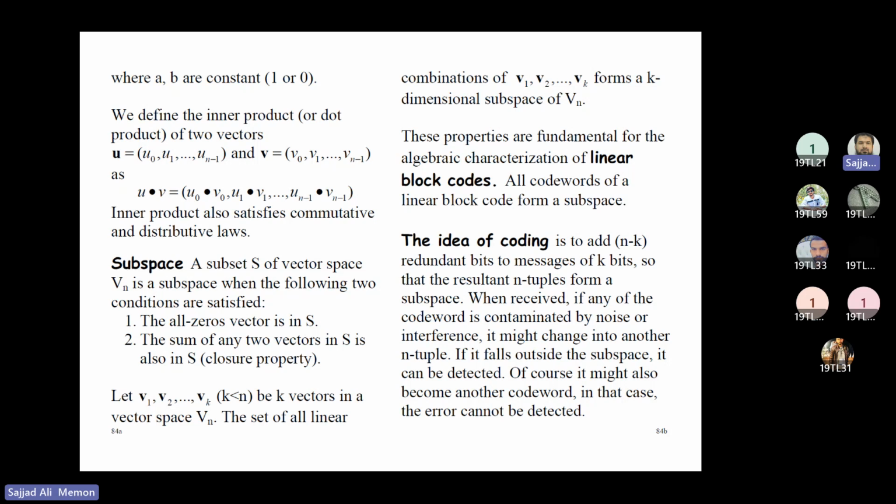But to say that the portion is a subspace, it must satisfy these conditions. First, the all-zeros vector is in S. In the vector space we have a vector that is all zeros, and that should be in the subspace for that portion of the vector space to be called a subspace. Second, the sum of any two vectors in S is also in S. That is the closure property.